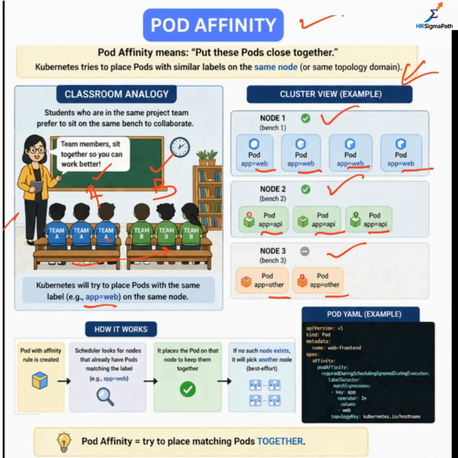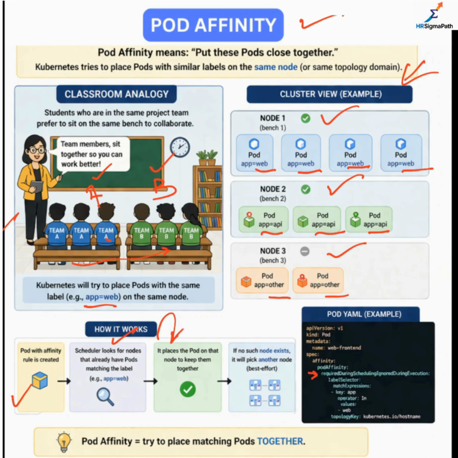Now let's understand how it works step by step. First, a pod is created with a rule that it wants to be placed near similar pods. The rule is nothing but this one, which is required during scheduling and ignored during execution. The Kubernetes scheduler checks all the nodes and looks for nodes where matching pods are already running.